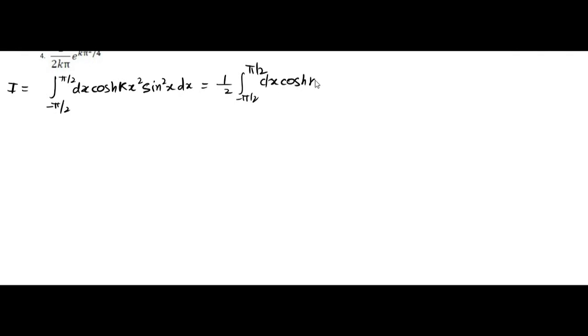Let me call the integral I, and this is the integral from minus pi over 2 to pi over 2 of dx cosh(k x square) sine square x, and this can be written as 1 over 2 integral from minus pi over 2 to pi over 2 dx cosh(k x square) times (1 minus cos 2x).